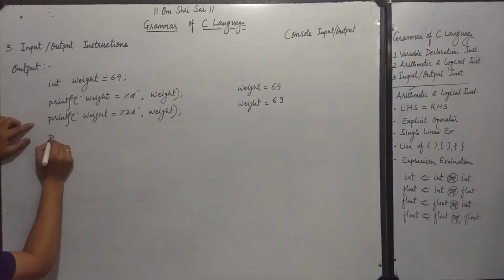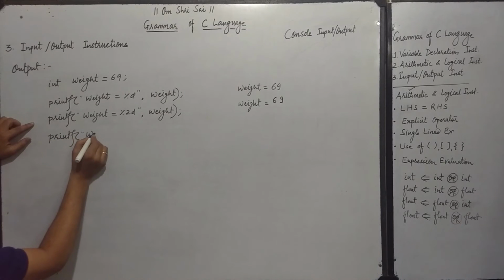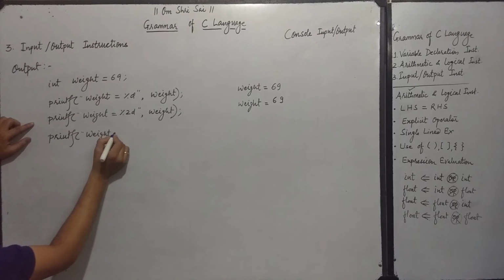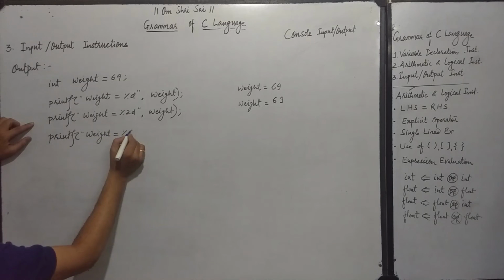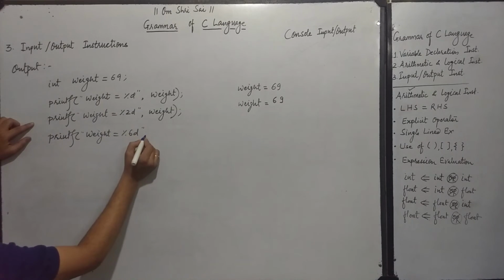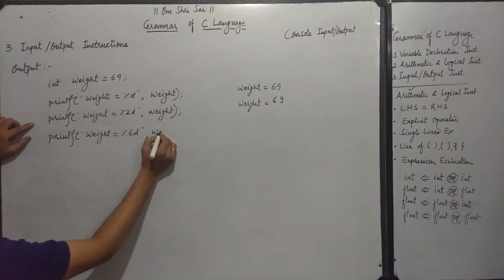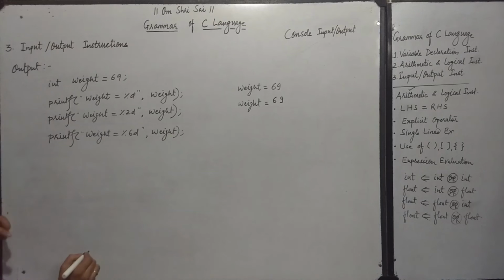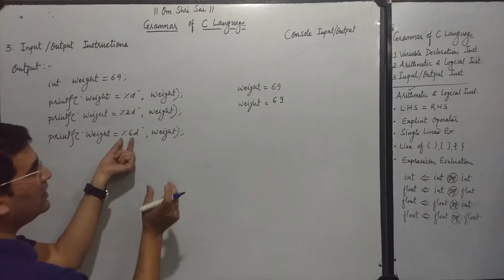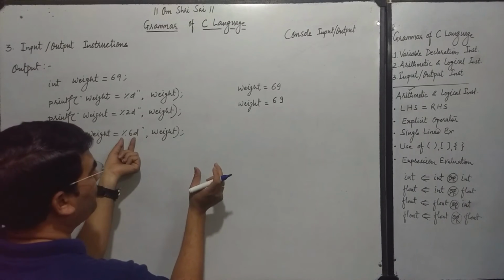Now if I write printf weight is equal to %6d and then the name of variable, then what will be the output? 6d का मतलब होगा 6 digits.